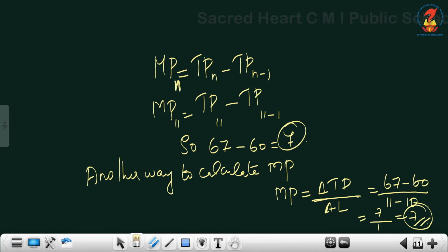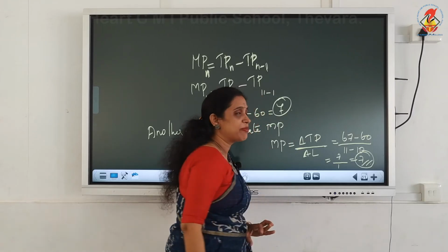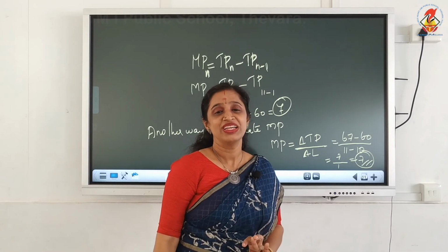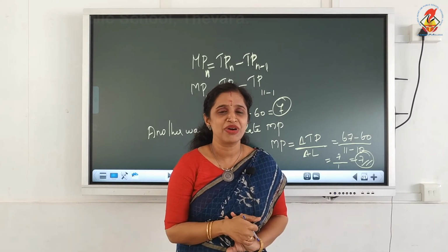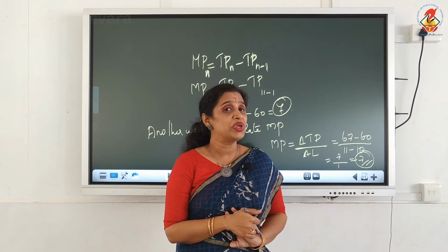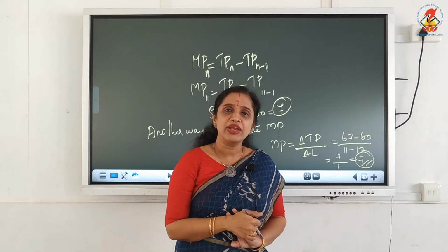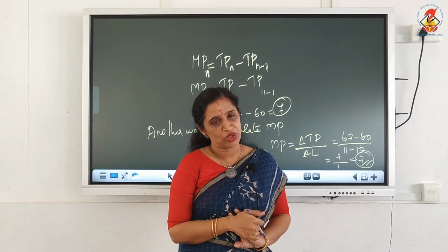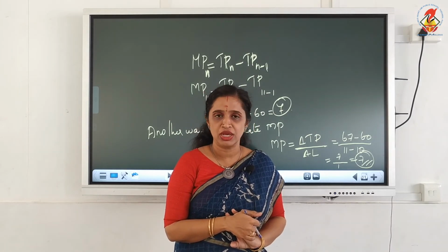MPN is equal to TPN minus TPN minus 1. Can you remember the same equation which we used in the second chapter to find marginal utility? MUN is equal to TUN minus TUN minus 1. You can connect the same equation here also.